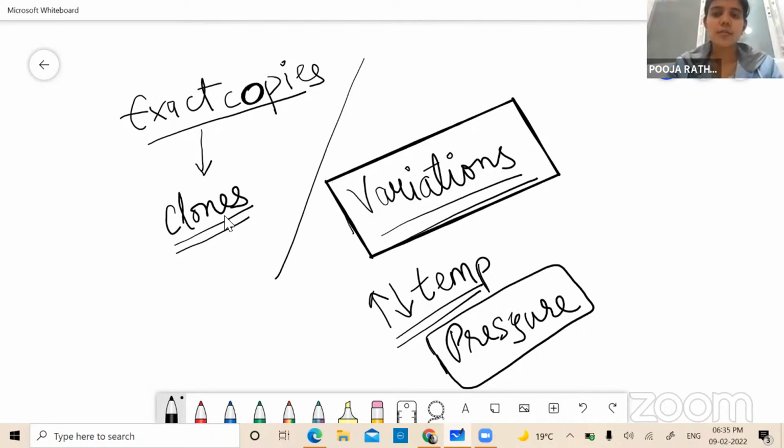You can't survive in a particular environment if the temperature keeps changing now and then. So that's why variations are very helpful.